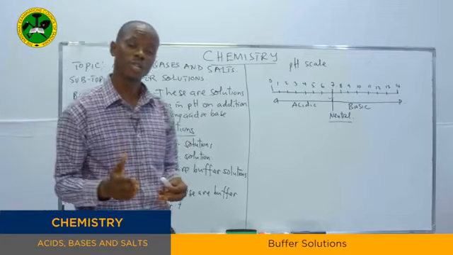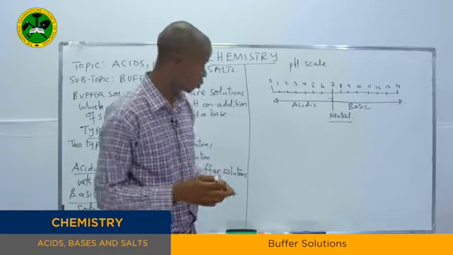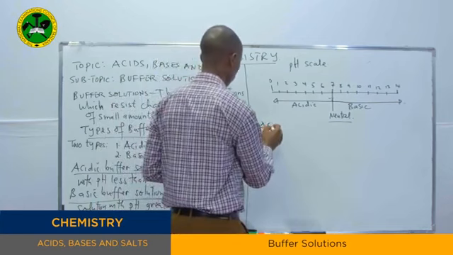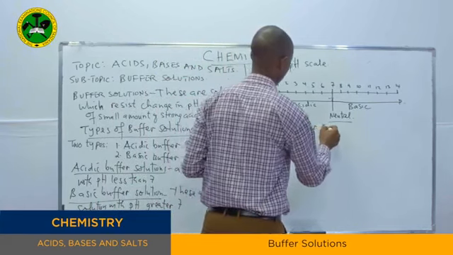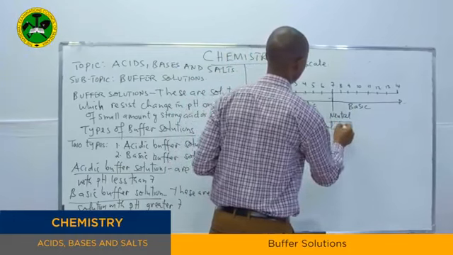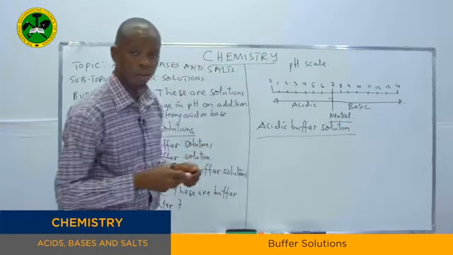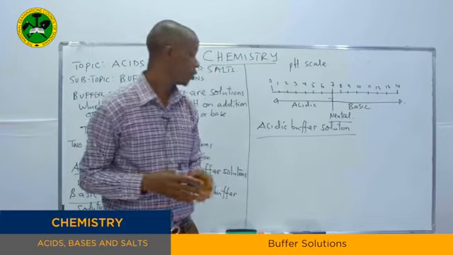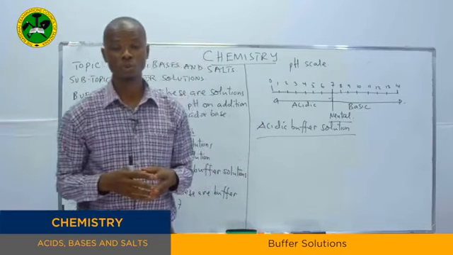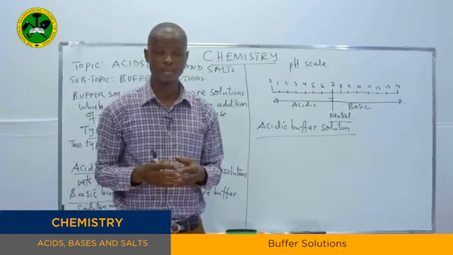Now, because our focus today is to deal with the acidic buffer solution, there are two things that we have to consider when we talk about the acidic buffer solution components.